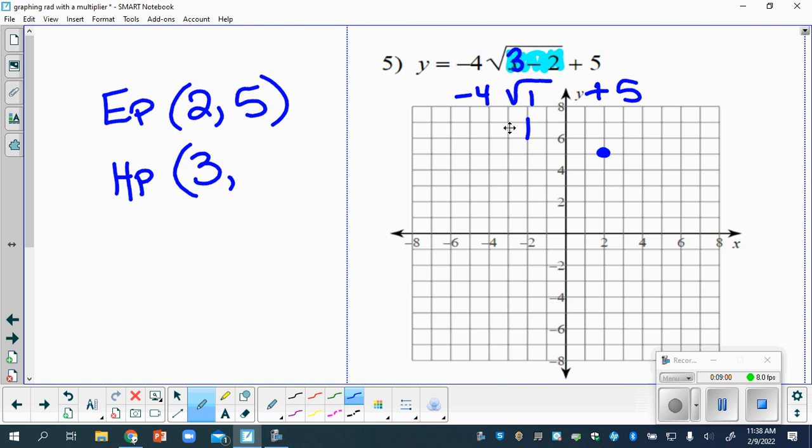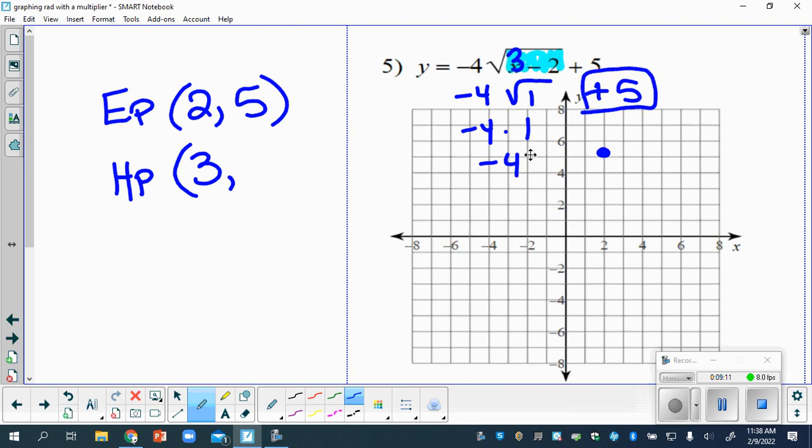Yay. Now I'm going to multiply by -4. That's what comes next, multiplying. So I get -4, and then I'm going to add 5. What I'm going to get is 1. So my helping point is 3, 1.